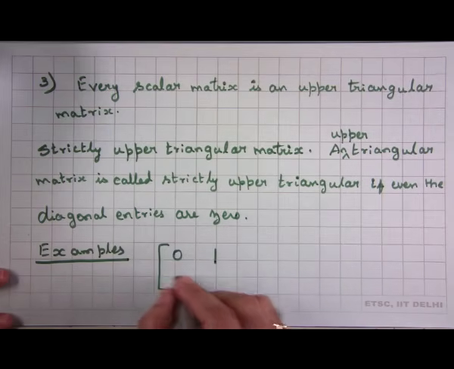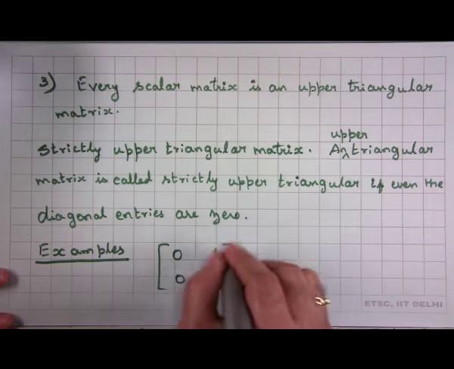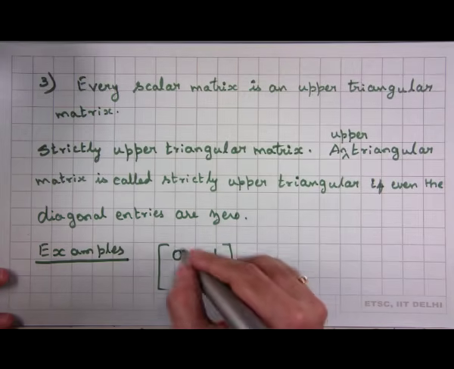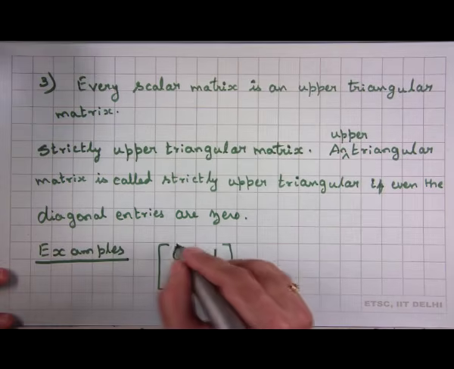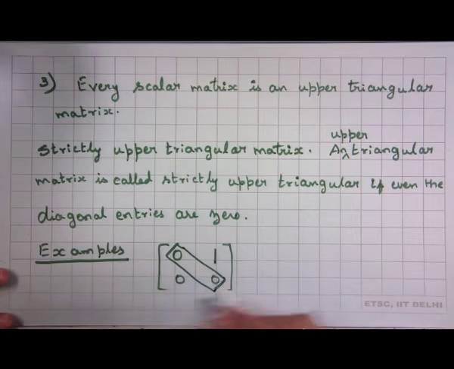Zero, 1, 0, 0. So, these are the diagonal entries. Both the diagonal entries are 0 and the one below that is 0 as well.